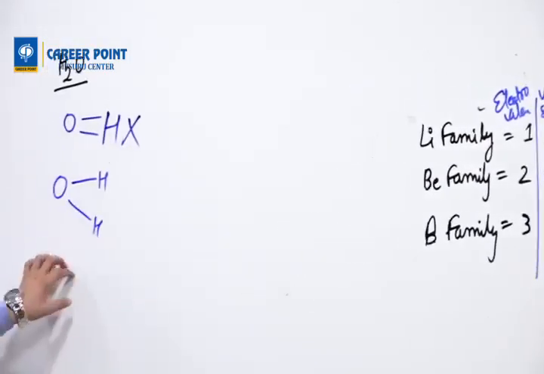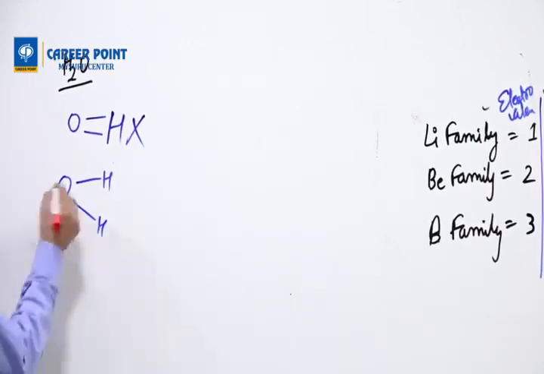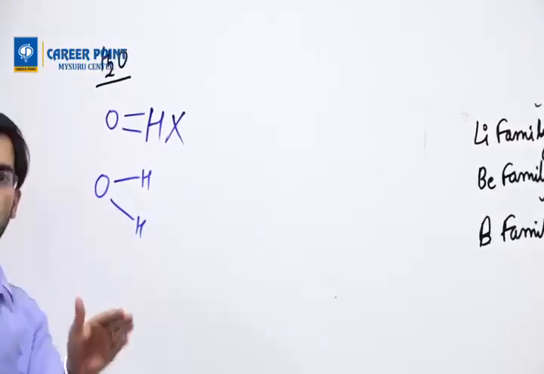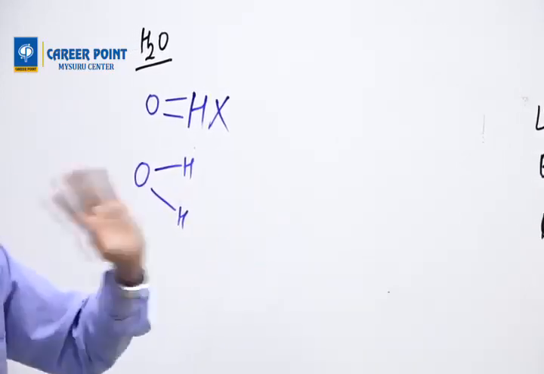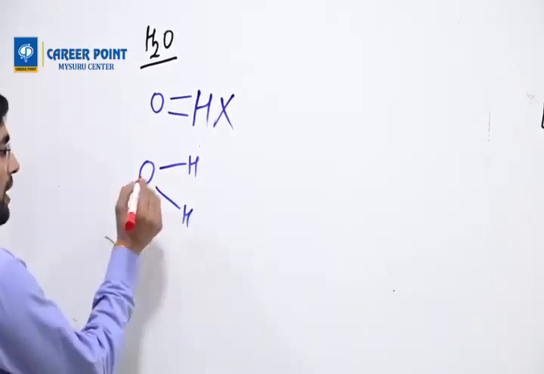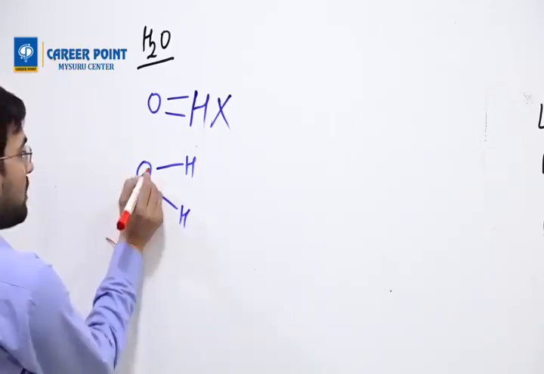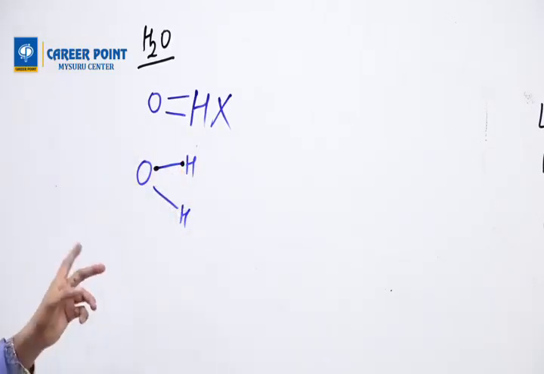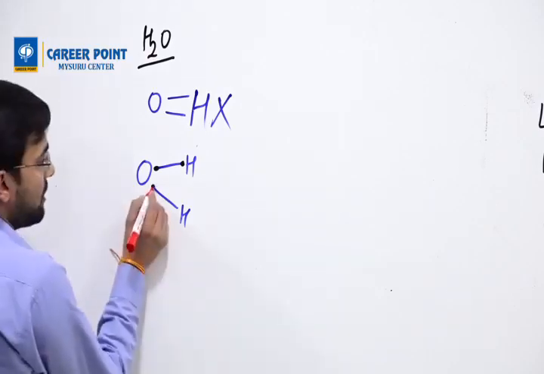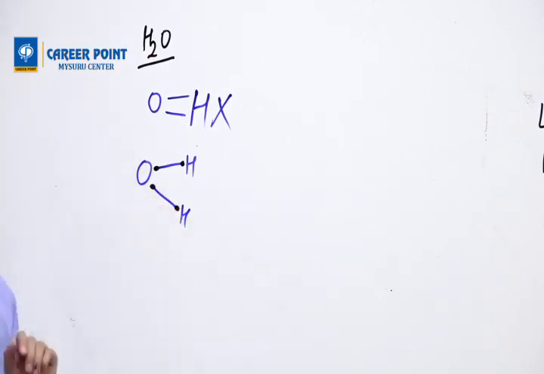Now, okay, so now what happens is, I also want to find out the valence electrons here. So the oxygen has got how many? It got 6. So now what happens is each line carries one from oxygen, one from hydrogen. One from oxygen, one from hydrogen. Okay.